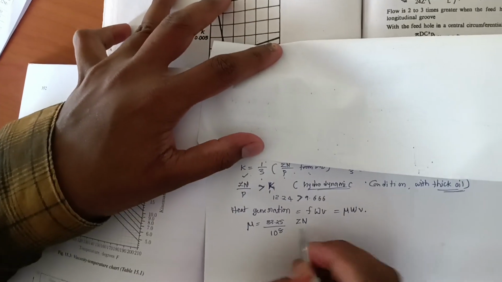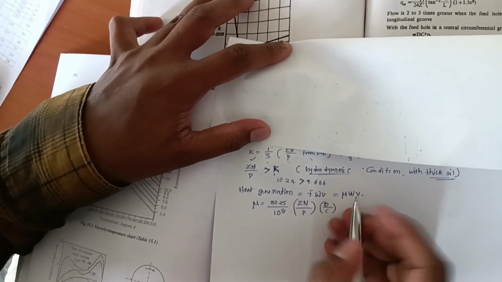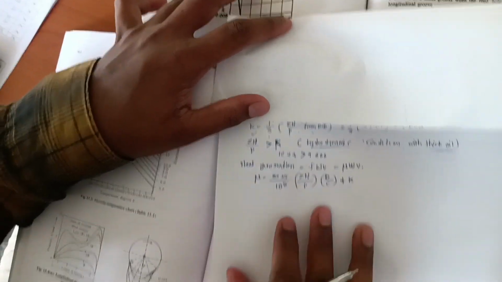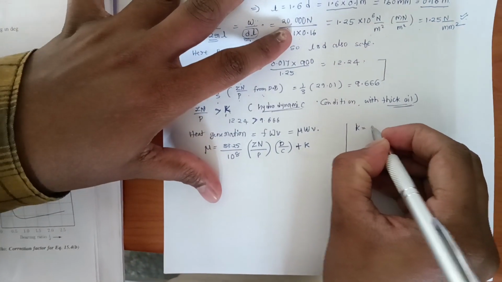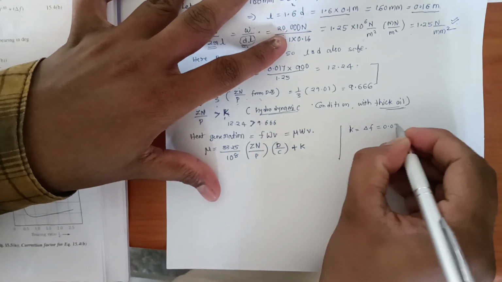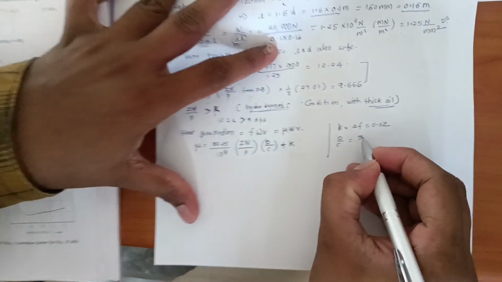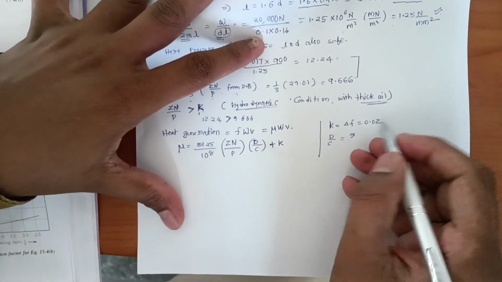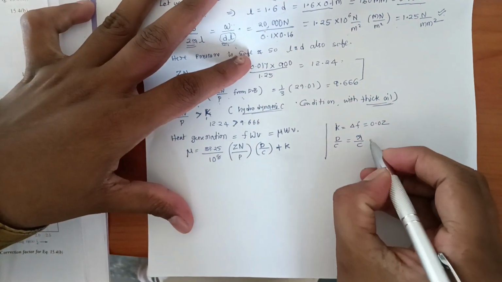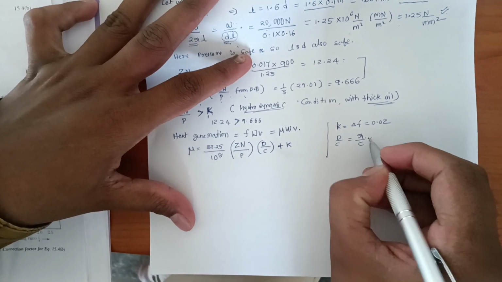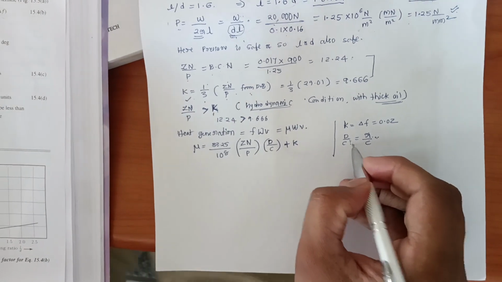And Zn by P and d by C plus K, where delta K or delta F is equal to 0.02, and d by C or R by C, both are the same. So these are the notations from the Mahadevan, and these are the notations from the PSG data book.